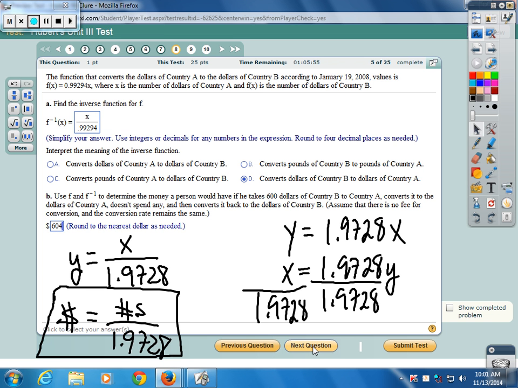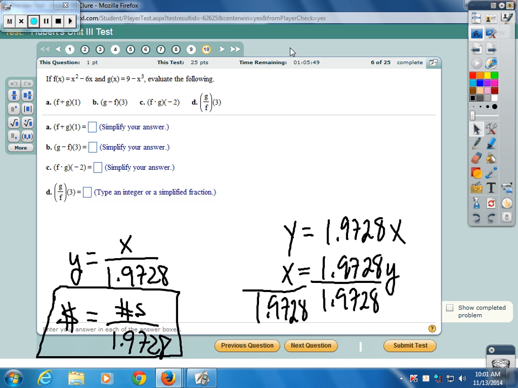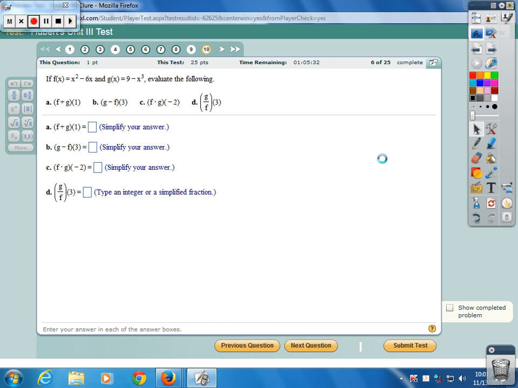All right. Well, you got 2 of the same question, so you shouldn't get that one wrong. Or if you do, you get it both wrong. All right, what does this say? Okay, they want you to do some more functions, so go ahead and do that. They give you 2 functions and they want you to find the following. Now, are there 2 ways to do each of these? Yes, there's 2 ways to do each.